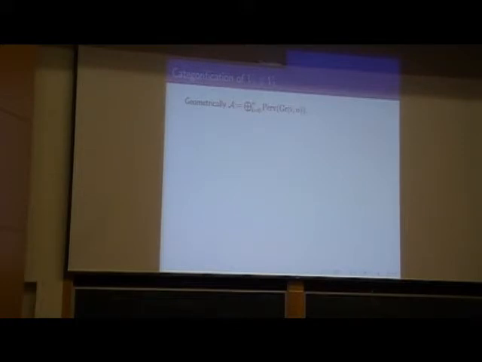What I claim is that if I have V1 tensor V1, then I can write down a basis of this. If V0 and V1 is the basis of this two-dimensional representation, then this thing is four-dimensional.